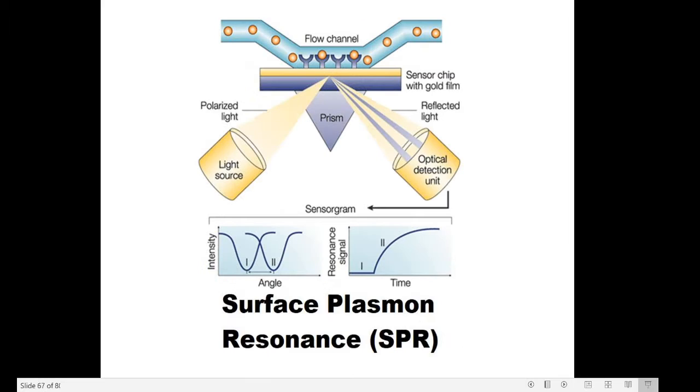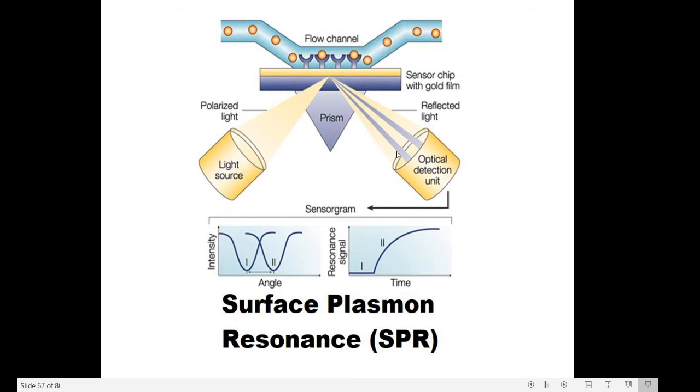Here the light source is passed on the surface and the samples flow on the surface. If an interaction happens, the light is absorbed, producing less signal. If no interaction happens in this particular portion, less light is absorbed on the surface, so the light intensity output is high.